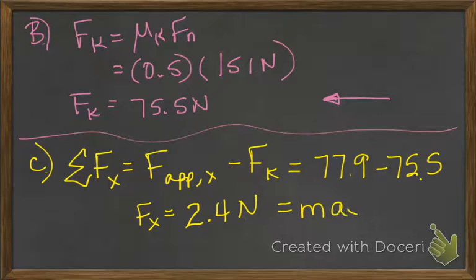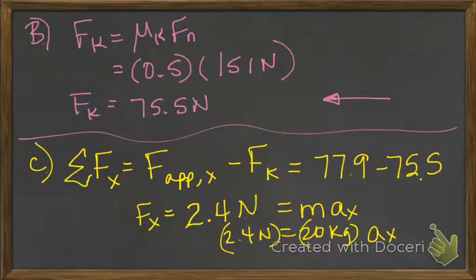So 2.4 is equal to mass, which was 20 kilograms, times acceleration. Find the acceleration in the x direction. What is it? You should get 0.12 meters per second squared. Give it a direction: it's going to the right, or in the direction of where you're pulling.